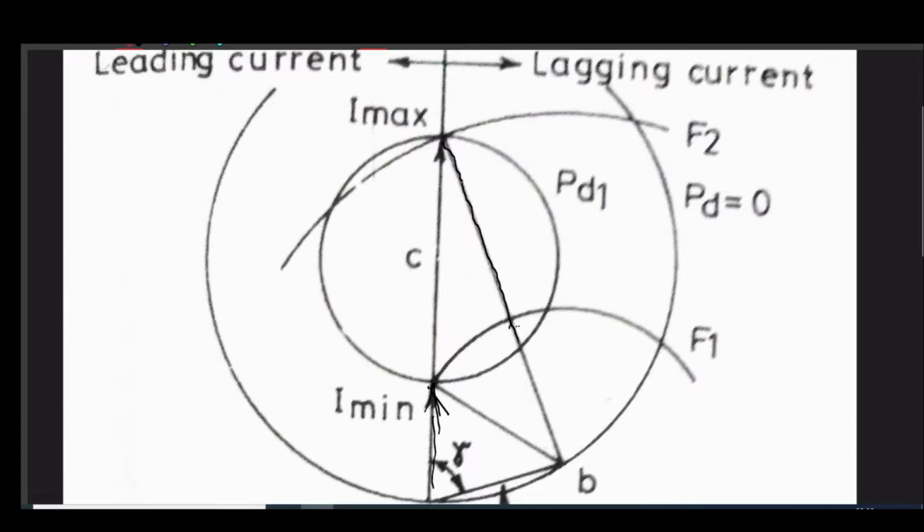Now the obvious question that should come to your mind is, if we are having such kind of things, say this is one value of current, and the other value of current is this much.